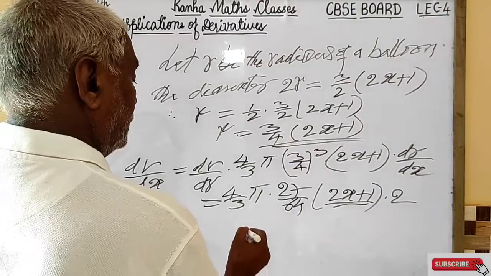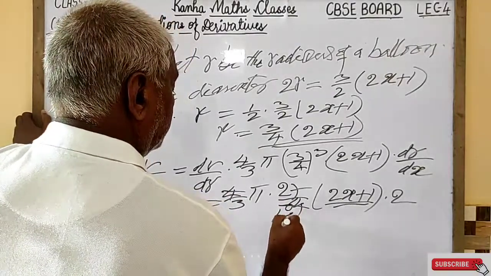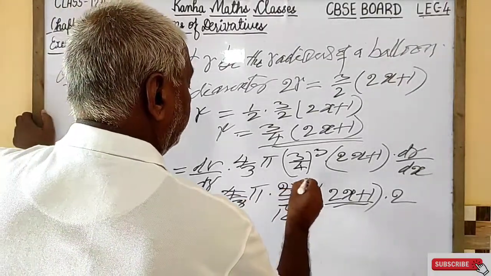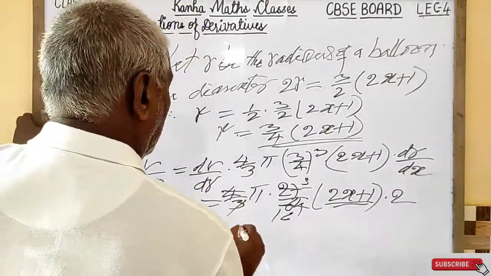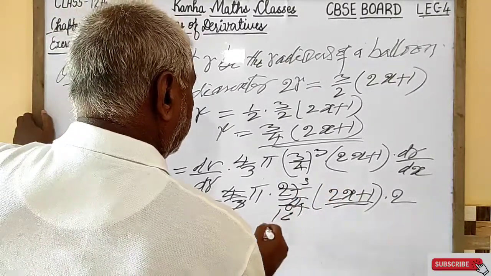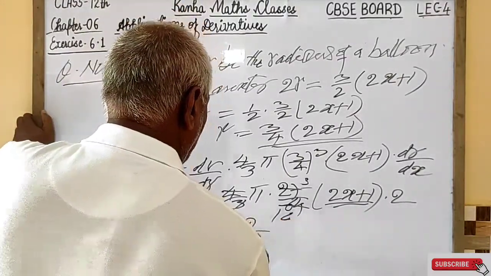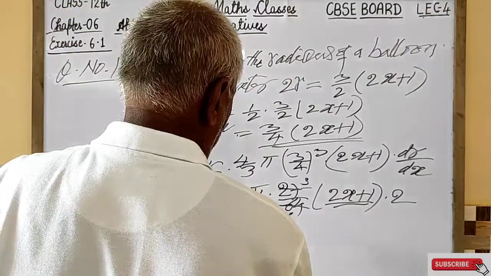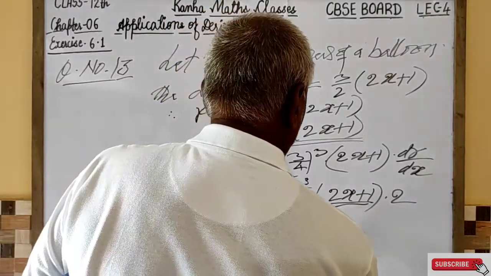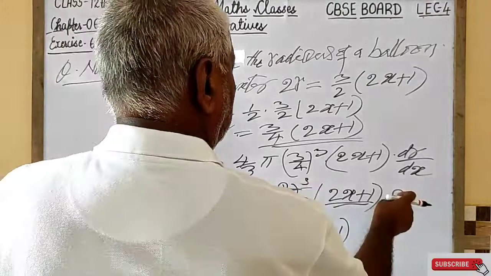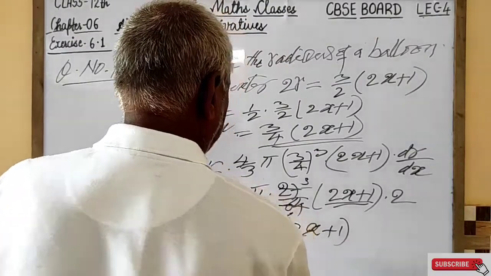Now 4 into 16 equal to 64, and 3 9s, and 9 into 2 is 18 upon 16, and 2x plus 1. 9 2s are 18, and pi will remain the same.